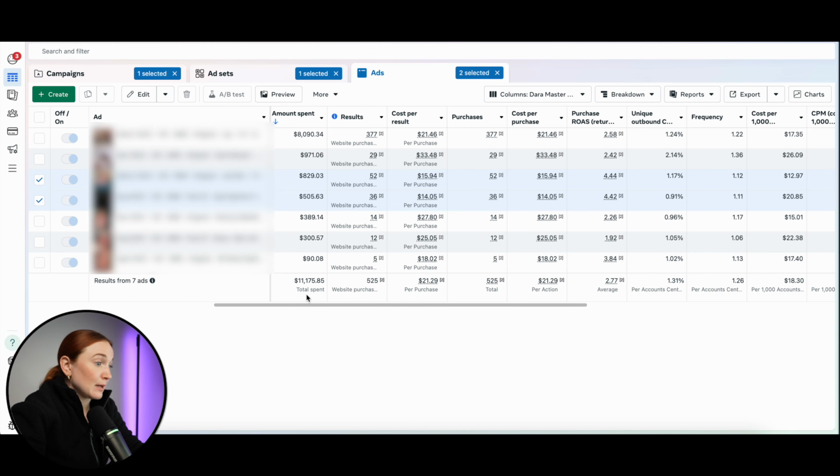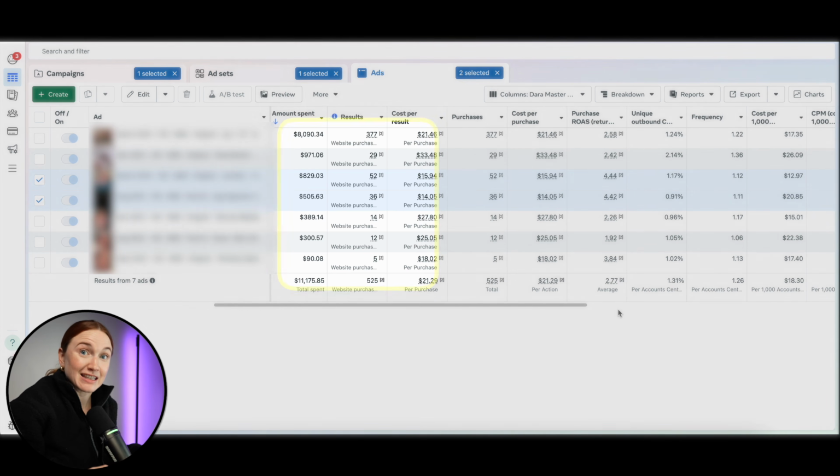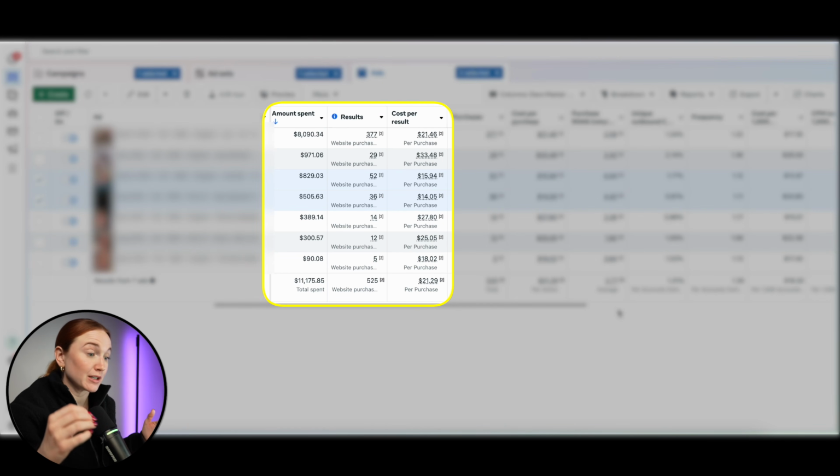So we can see that the amount spent was about 11K, 525 website purchases, 21.9 cost per purchase. So that's how much it was costing for us to acquire a customer, and 525 purchases overall with an average ROAS of 2.77. And for this specific brand, just looking at these internal Ads Manager metrics, this was actually doing really, really well for us.